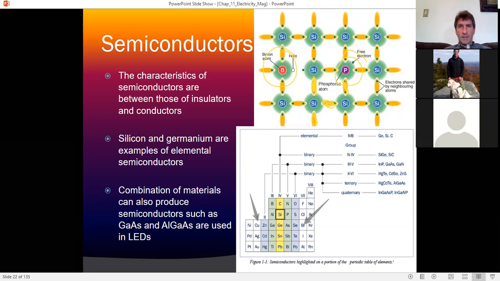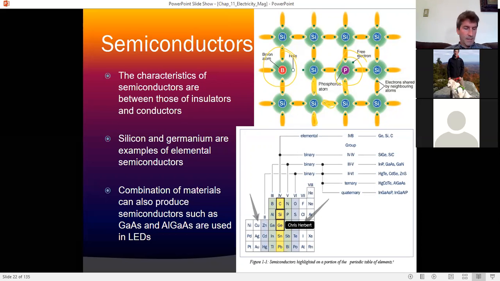Now, without going into it, semiconductors, and you look at this part of the periodic table, anything around silicon is pretty close to being a semiconductor. Some forms of carbon are semiconductors.